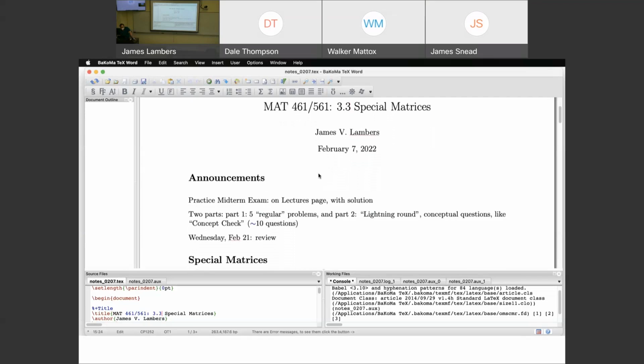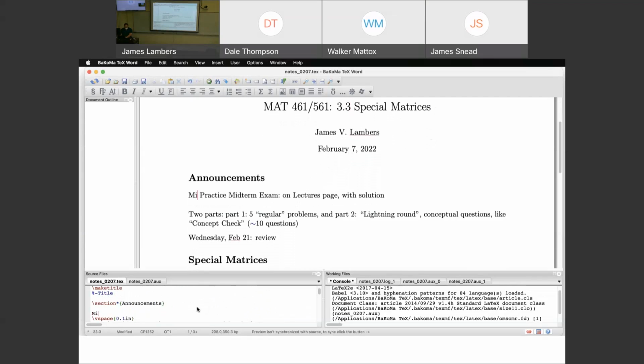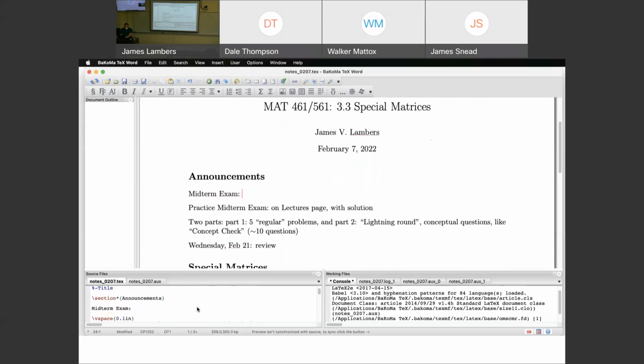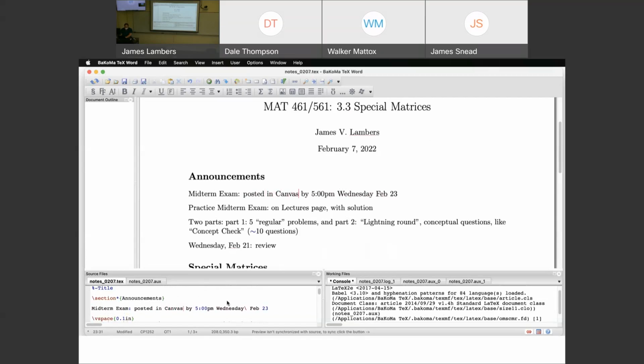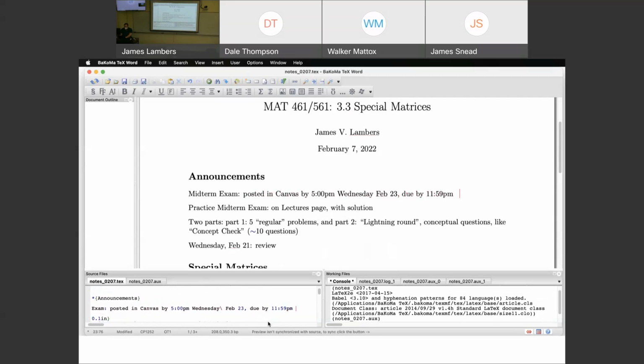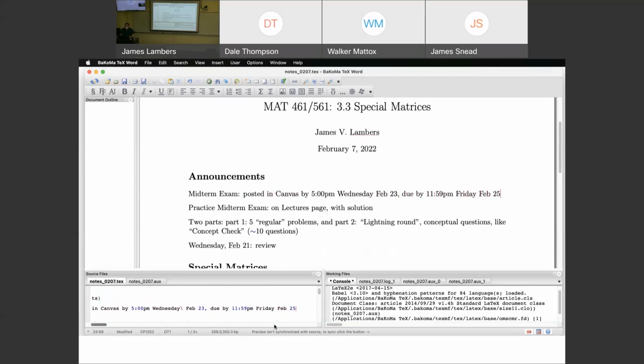So, all right, details about exactly when it will be held. On Wednesday, on the 23rd, I will post it in Canvas and also on my external site by 9 p.m. On the 25th.